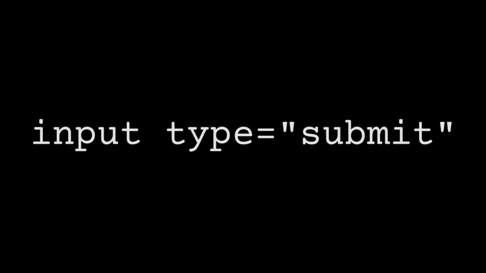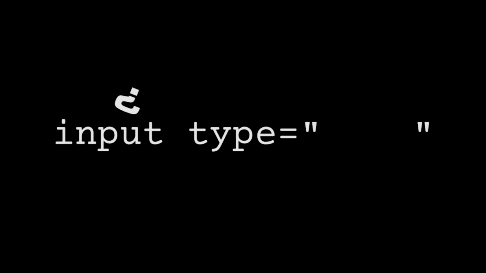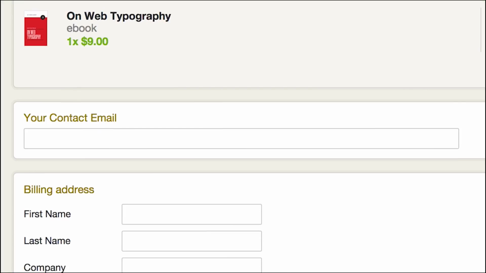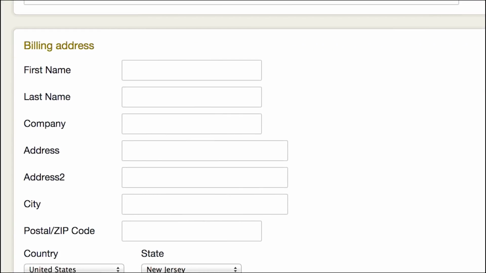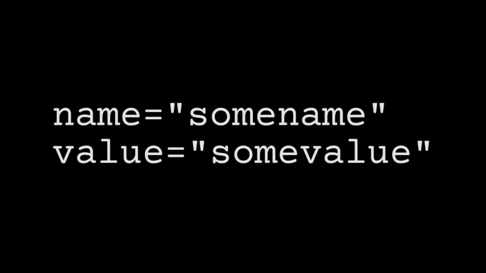Form controls. Form controls are also referred to as input types. You may see either term used out in the world, so let's look at the form controls for text. The input element is used to create different form controls based on the type attribute we use in combination with it. For example, input type text creates a single line of text. We talked before about how forms send a name and a value to a server.